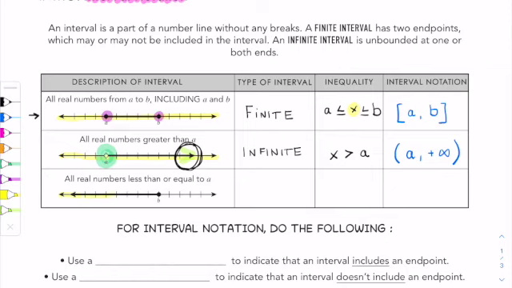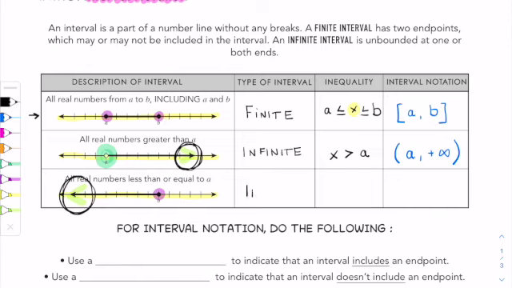And this last number line says all real numbers less than or equal to B. You can see that we have a closed circle at B, but we can also see that it goes forever in the negative direction. So this is what I'm talking about right there. It's moving in the negative direction forever.